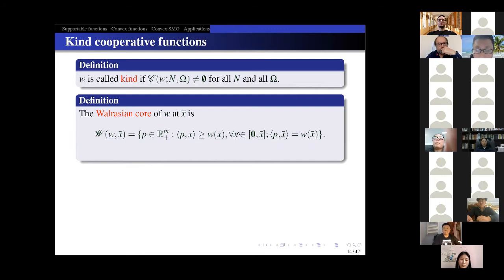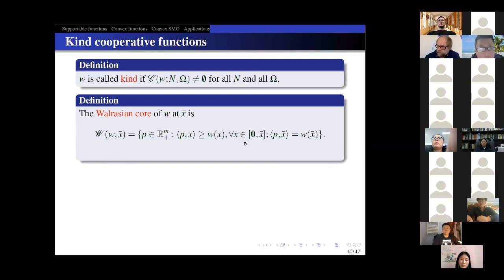And for each vector x that is between 0 and x bar, here for each dimension we require that x is greater than 0 and smaller than the corresponding dimension of x bar.